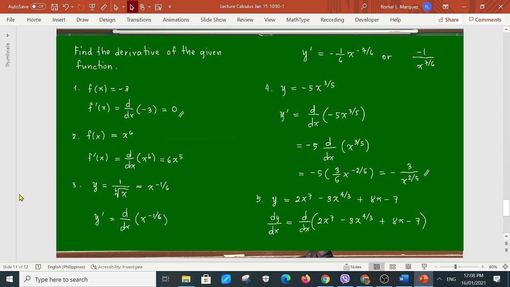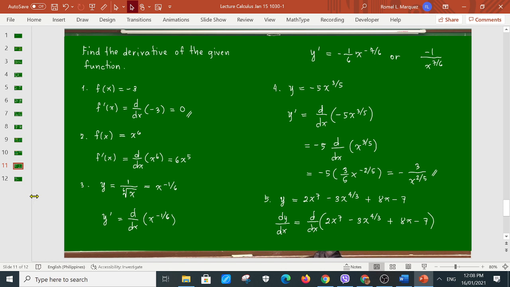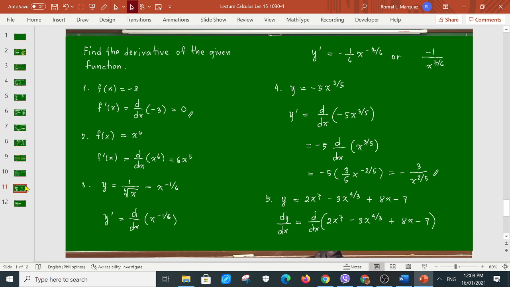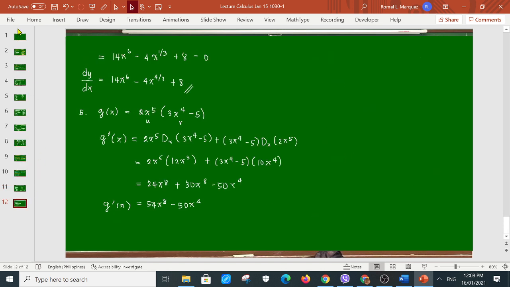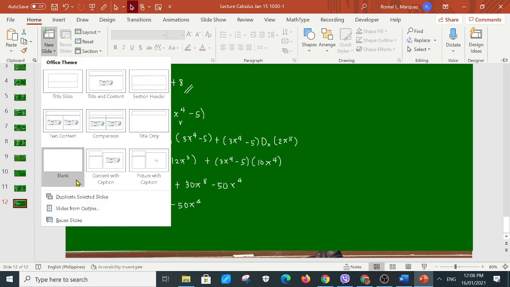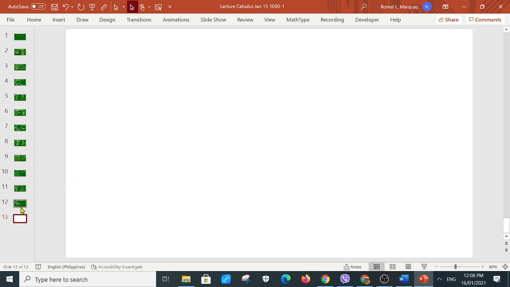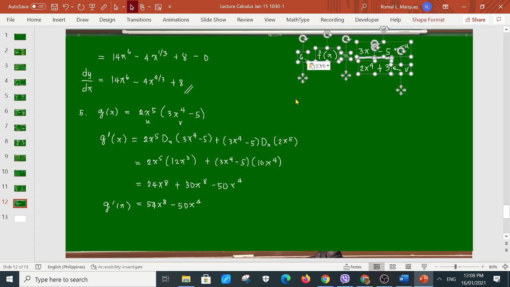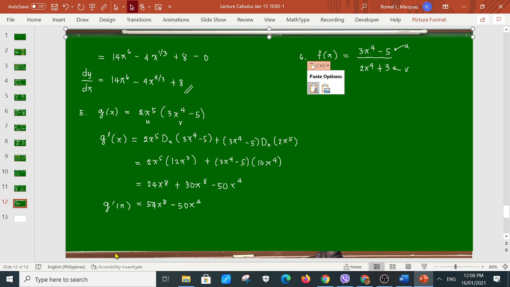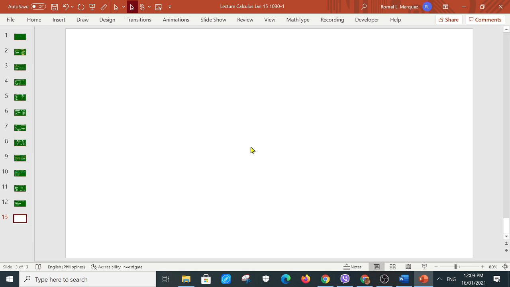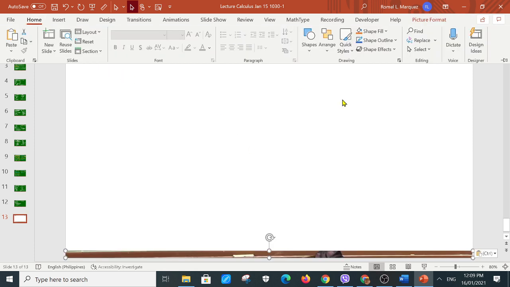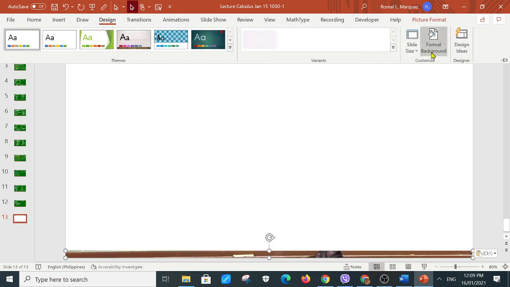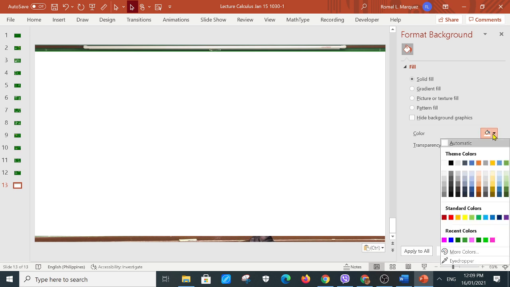Wala na yata ang slide. We're running out of slides. Dami na pala. Wala na nga. Let's make another one. Lagay muna natin dyan. Then design, format, make it green.